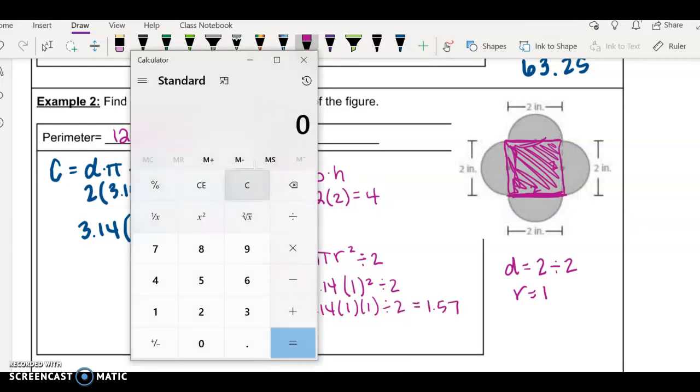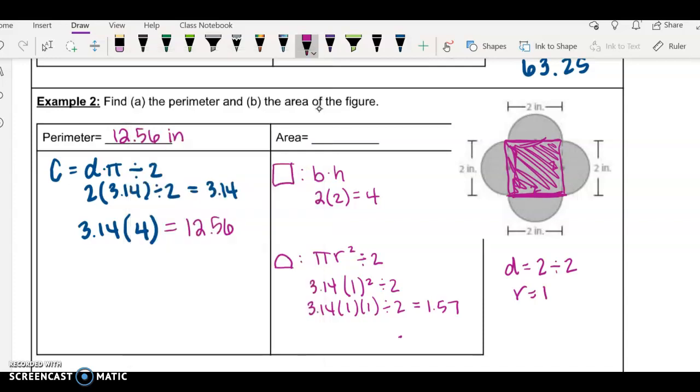But now I'm going to show you where that squared button is on your calculator. So if I was doing 3.14 times 1 and I want that 1 squared, I just hit this button where it says x squared and it squares my 1. And then I can hit divided by 2 and I get the exact same thing.